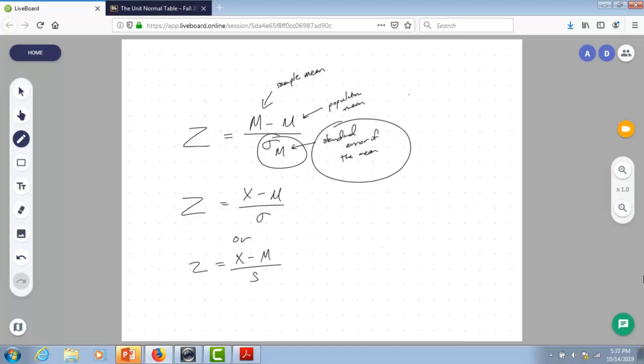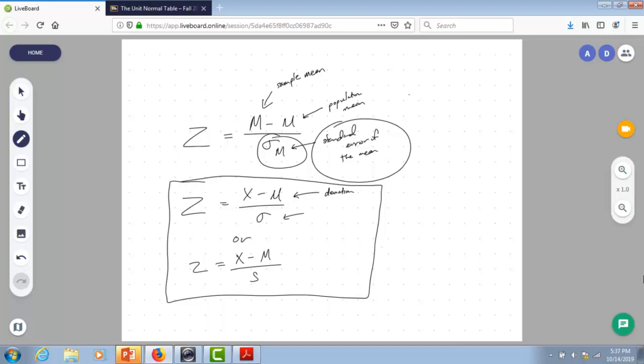In our z-score formulas for raw scores, in the numerator we have a deviation, and then in our denominator we have the population standard deviation, the average distance that a raw score is from the population mean. Same thing applies with our sample formula. We have a deviation in the numerator, and then we have the sample standard deviation.